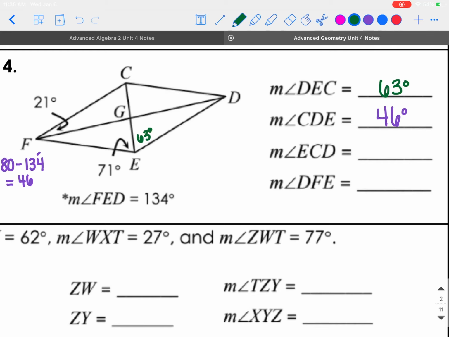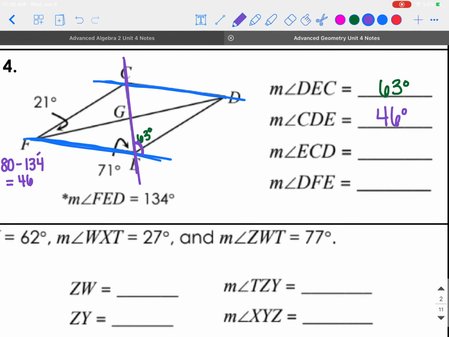All right, so again, this is a parallelogram. So this line and this line would be parallel. If you think back, we learned about these angle pairs, alternate interior angles.